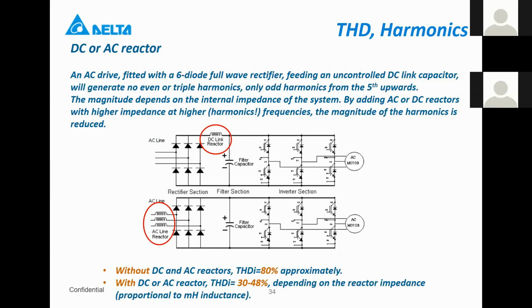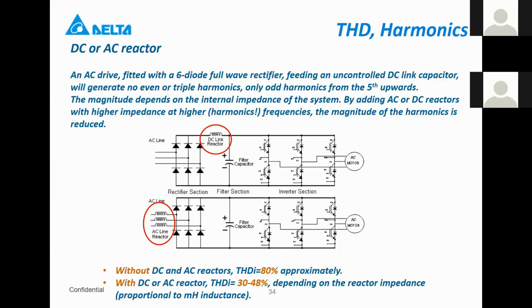But with a 3% reactor, you are already lower than the 48% that is required. The same for the line reactor. Instead of a DC reactor, you can also have an AC line reactor. With the same impedance of 3%, you have more or less the same THDI level.